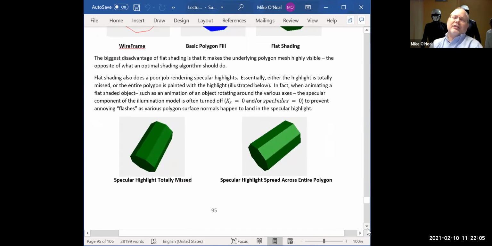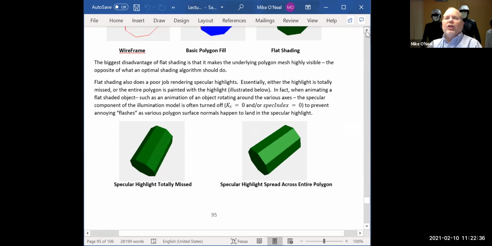The worst thing about flat shading is how horrible it is for specular highlights. Remember, we're still using underneath this thing the Phong illumination model that has a specular component to it. Well, basically what happens is either you don't see the specular highlight at all, or the specular highlight is splashed across an entire polygon here. Why?